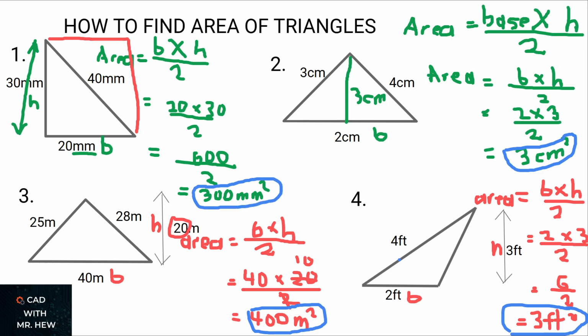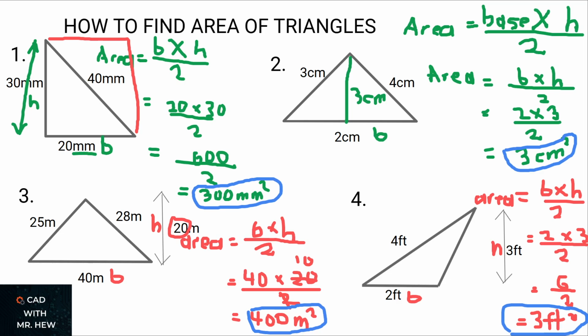In today's video, we looked at how we derive the formula for a triangle. We have a rectangle, and we know that the area of a rectangle is the base times the height, and because the triangle divides the rectangle into 2 equal parts, we divide base times h by 2.